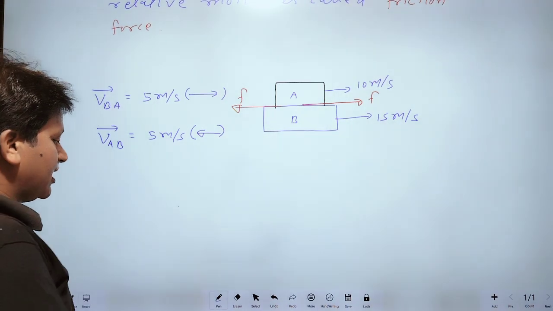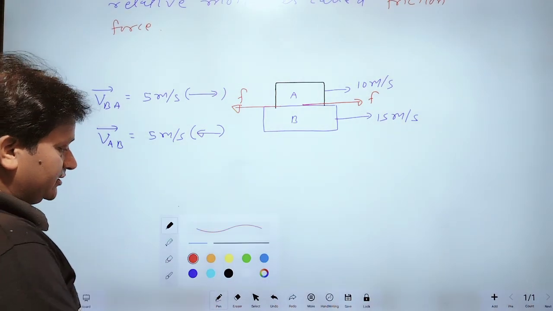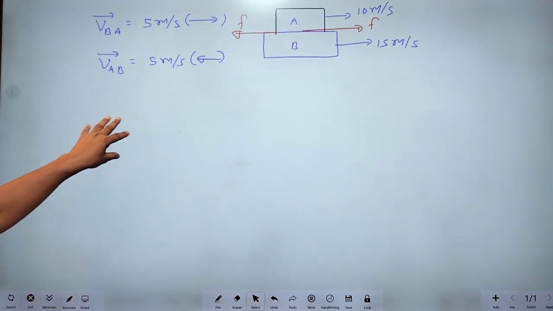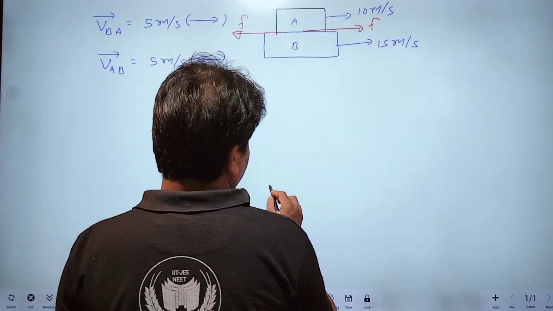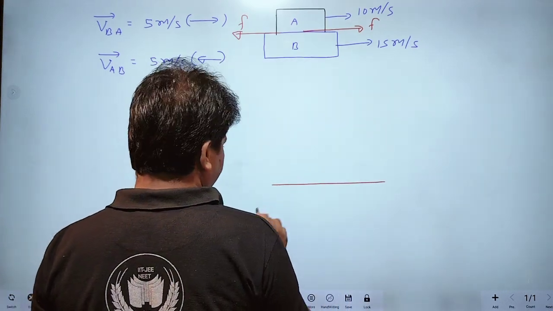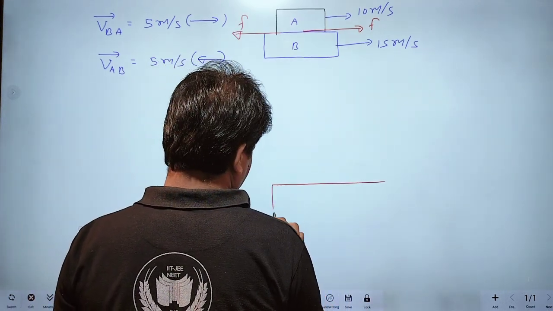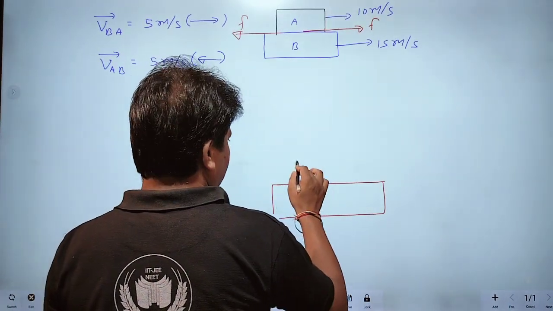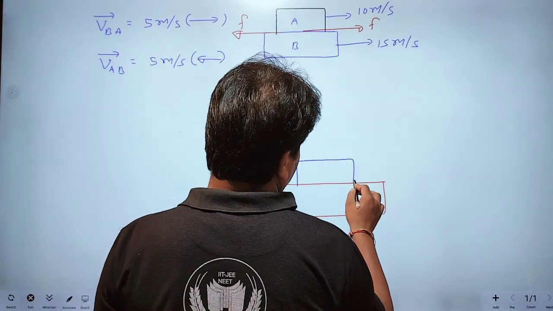Okay, now we are going to take another example of two blocks which are moving in opposite directions.